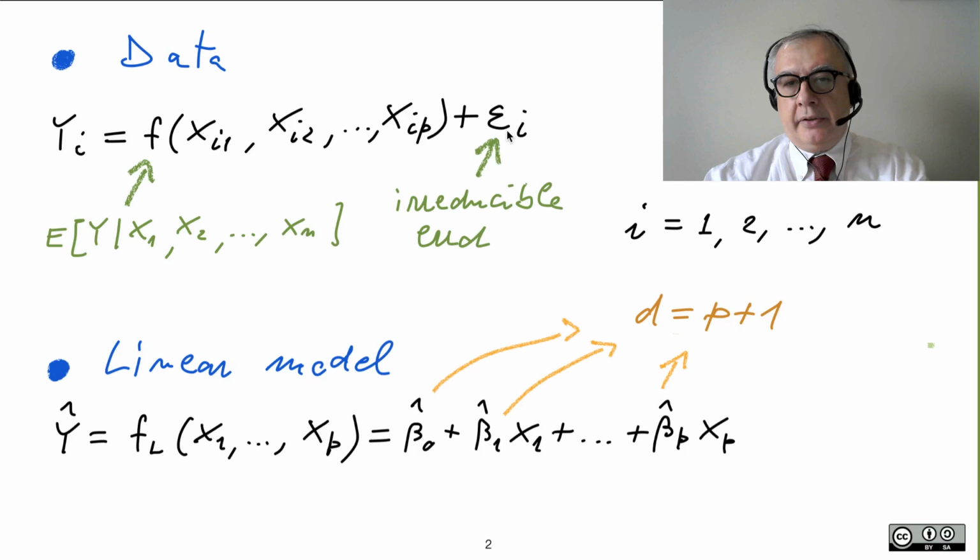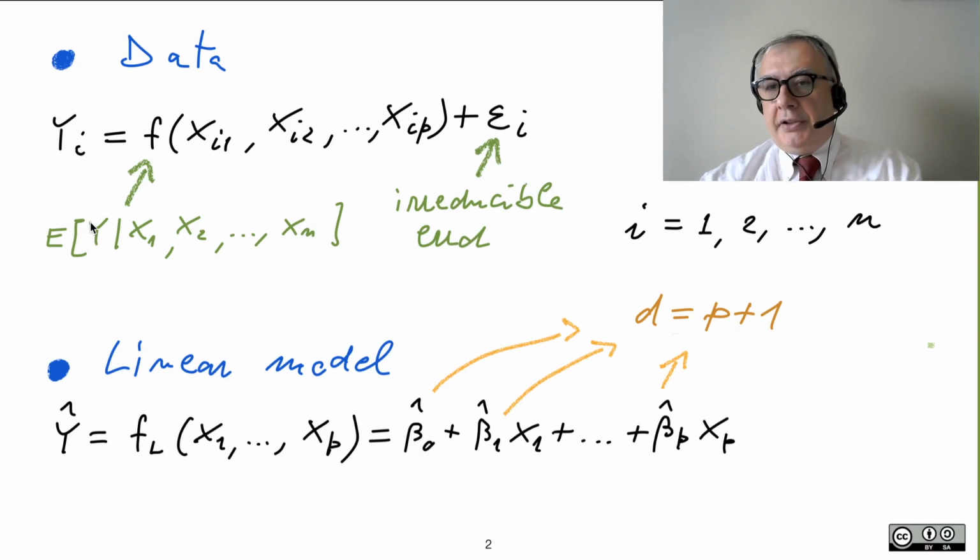If you like to start from the regression problem formulated in terms of the joint probability density function of the responses and independent variables, then you can interpret this true function as the conditional expectation of y given the predictors, because this is the optimal regression function, we know, the one that minimizes the squared error.